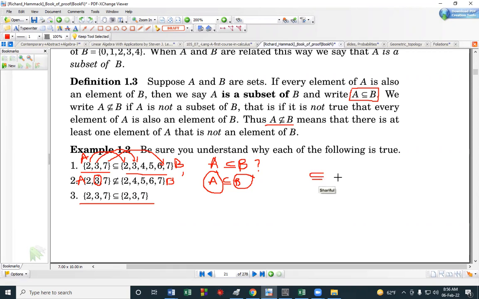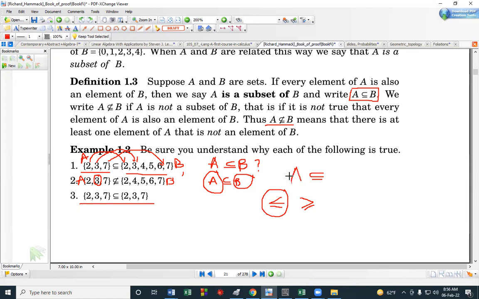It could be equal. This is done for both possibilities, like less than or equal, which you are familiar with, like greater than or equal. So this is properly contained or they're equal.